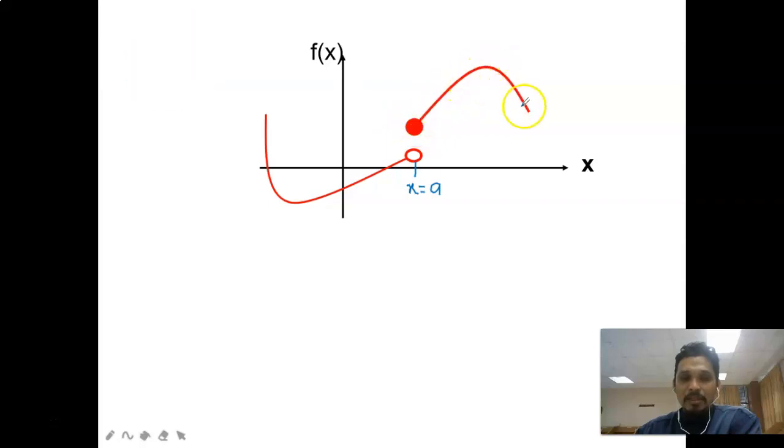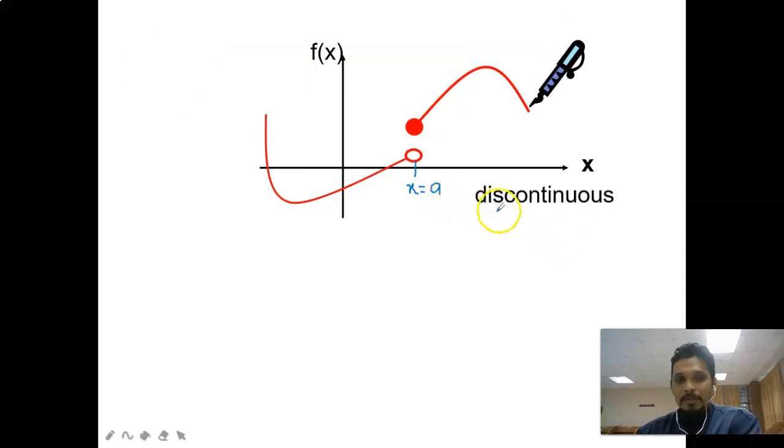So this is discontinuous. This is an example of a discontinuous line, discontinuous at the point x equal to a.